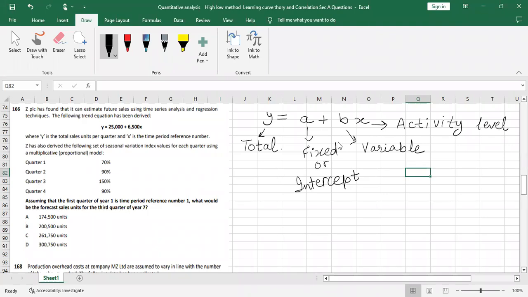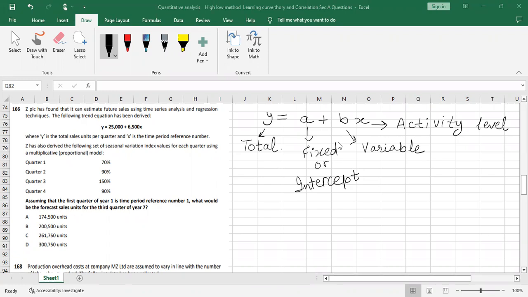Then we have B. B represents the variable portion. Either I use variable cost per unit, or I say variable sales per $1, or I could say variable sales per month or variable sales per quarter. It is denoted by B. And X is the activity level.